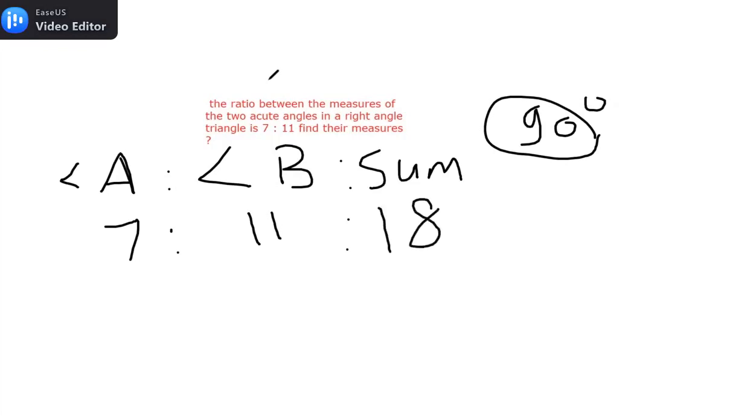So the number 90 will belong to the number 18. Sum 18.